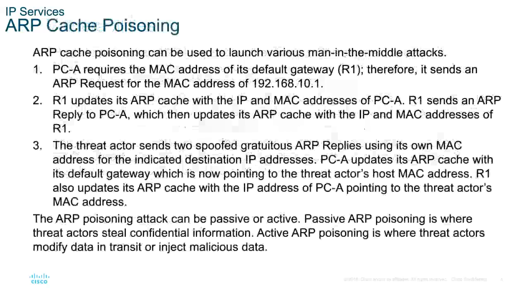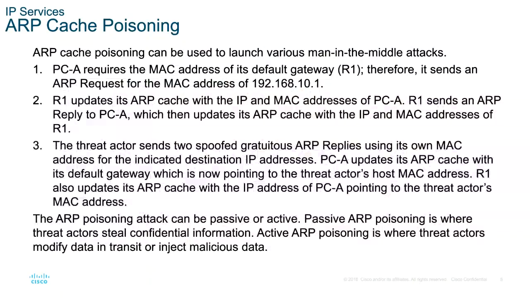So let's just remember what ARP does. PCA requires the MAC address of the default gateway, which is router 1, and requests the MAC address of the gateway's IP address.